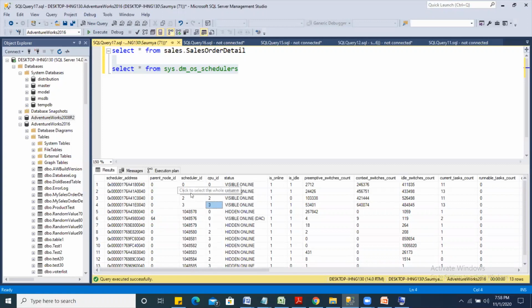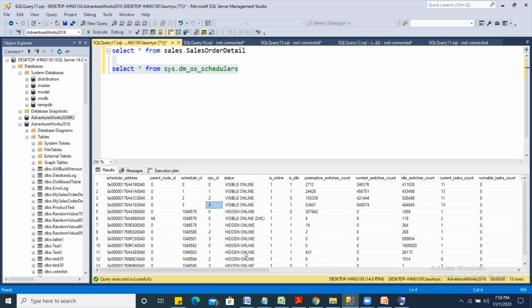For example, scheduler ID 0 is tied with CPU ID 0. Scheduler ID 1 is tied with CPU ID 1. Likewise, scheduler ID 3 is tied with CPU ID 3. These are visible and online user schedulers, right? The rest of the schedulers that you see are hidden and online.